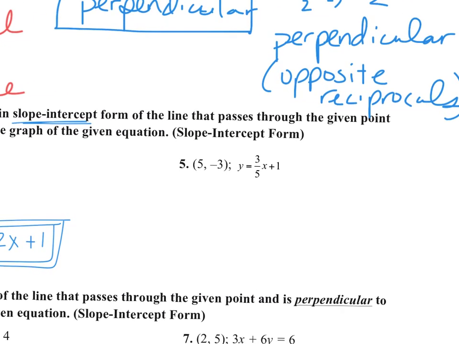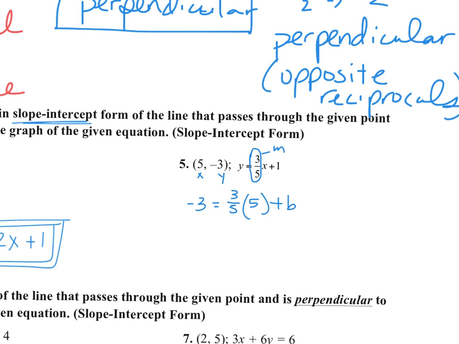Okay, if we try that again with this one, if I want to be parallel to this equation, I need this slope. So this is going to be my m, this is my x, this is my y. So y equals m times x plus b. And we want to figure out what b is.